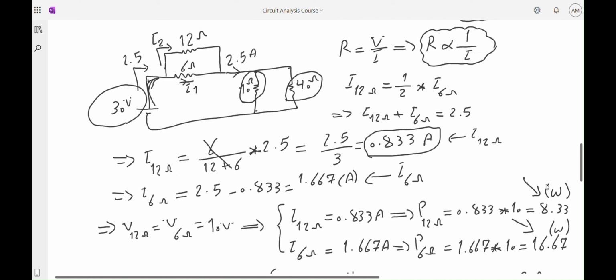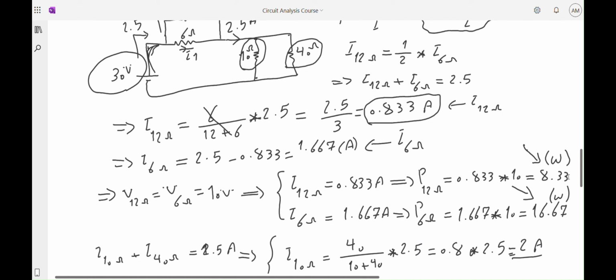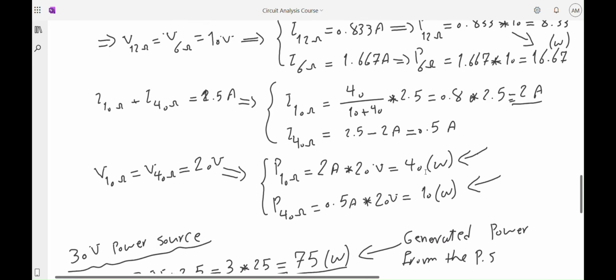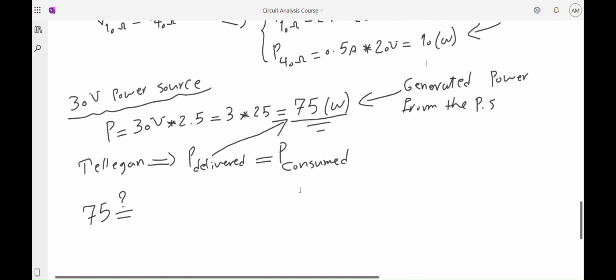And the consumed power is 8.33, that's the 12 ohm power, 16.67, 40, which is the 10 ohm power, and 10 watt over here. I'm gonna just write them all down.